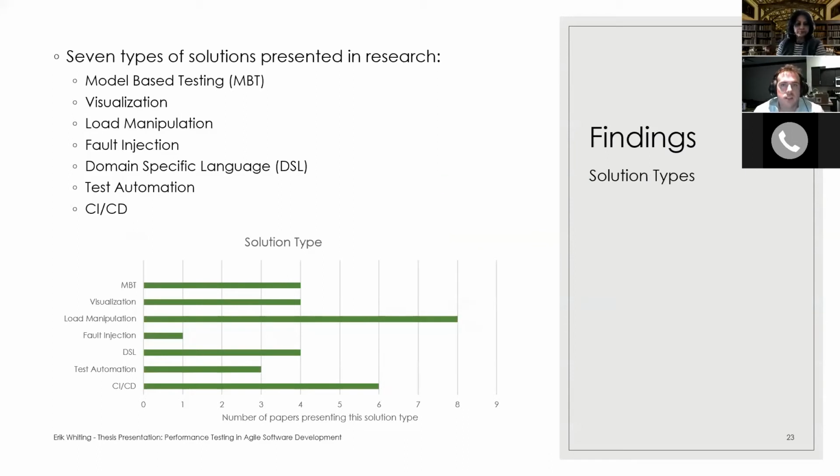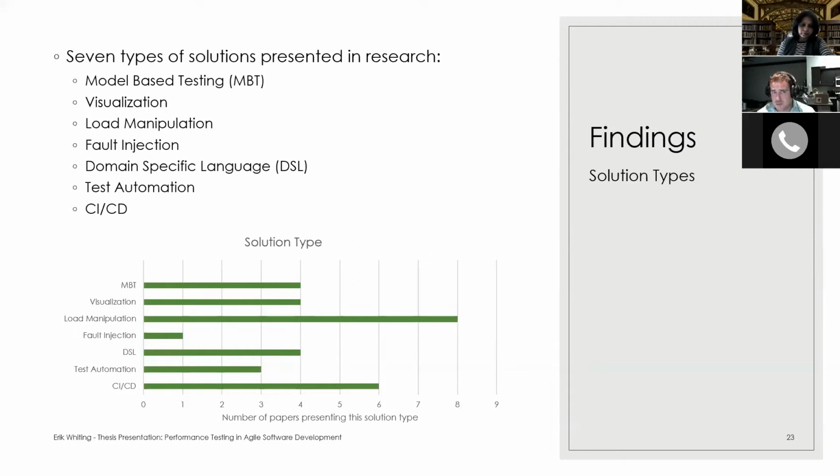When we analyzed the articles, it seemed like the solution papers fell into one of 7 categories. So the papers that presented a solution could be any of these kinds of categories you see here. There are model-based testing solutions, where we model our system so that we can simulate tests and see how the model performs and assume that that's how our system will perform.